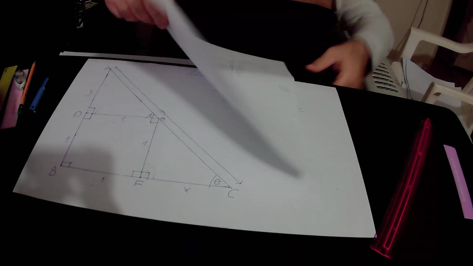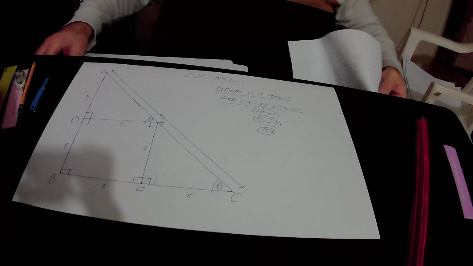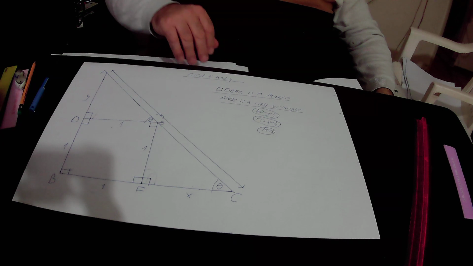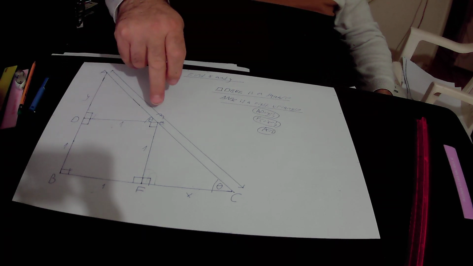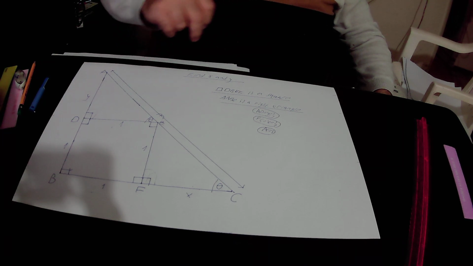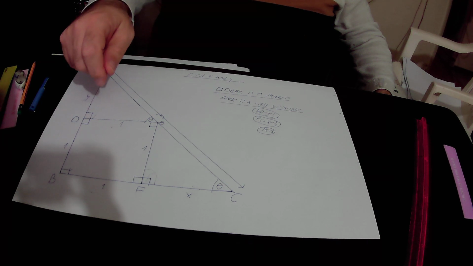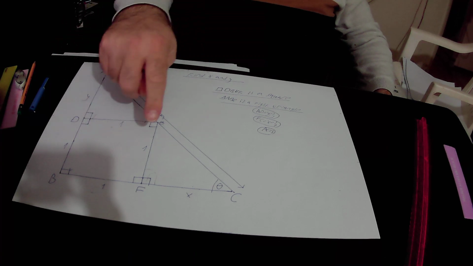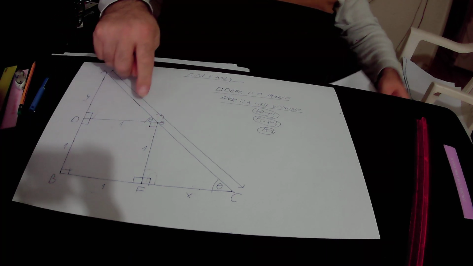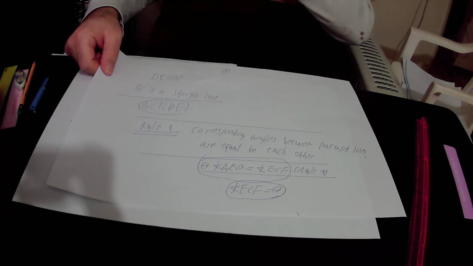Okay, so BC is a straight line, and we know that part of the straight line BC, that is actually BF, is parallel to DE. So because part of BC is parallel to DE, then BC itself will also be parallel to DE. So we can write down that BC is parallel to DE.